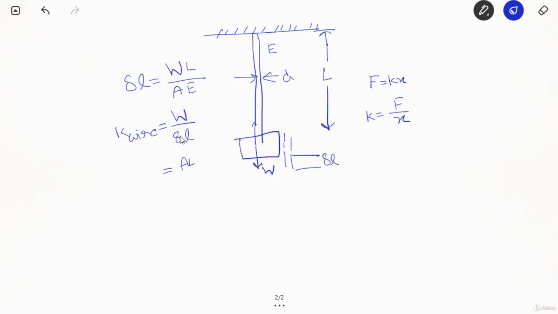The stiffness of this sort of wire will become AE upon L, right? So this particular stiffness of this wire will decide how much deflection or vibration this wire will show when it is subjected to a load W, right? It is sort of the vibrational strength which this K represents.